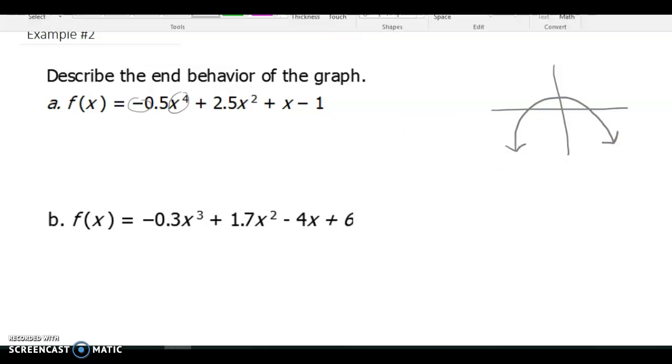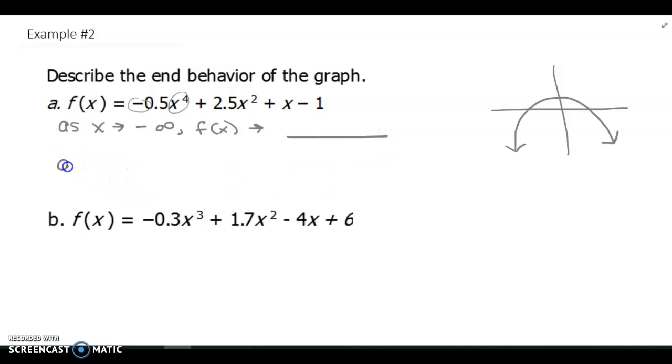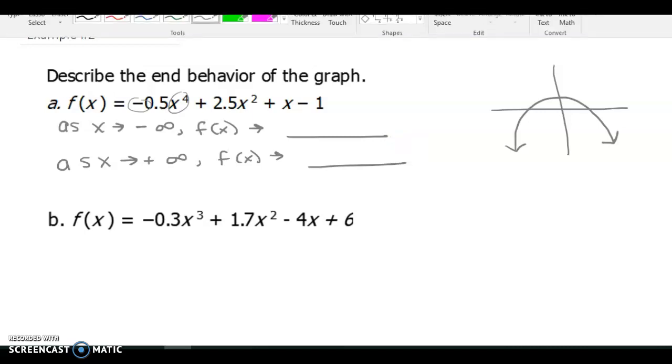Now we will write this as, there are 2 parts to this. As x goes to negative infinity, comma, f of x goes to something. And then as x goes to positive infinity, comma, f of x goes to something.